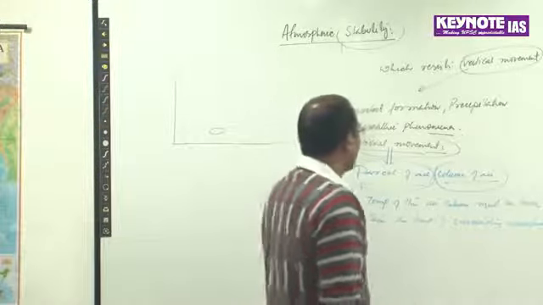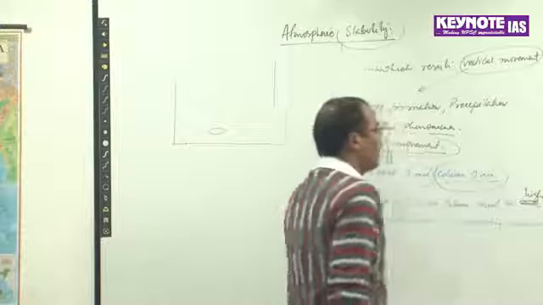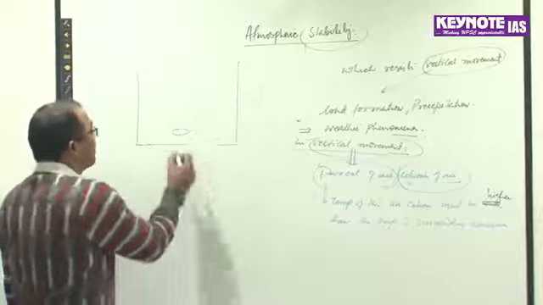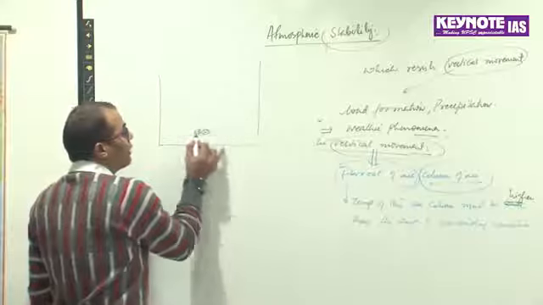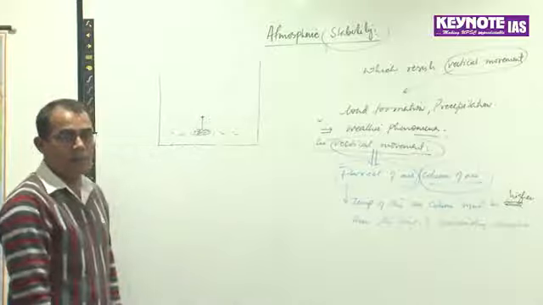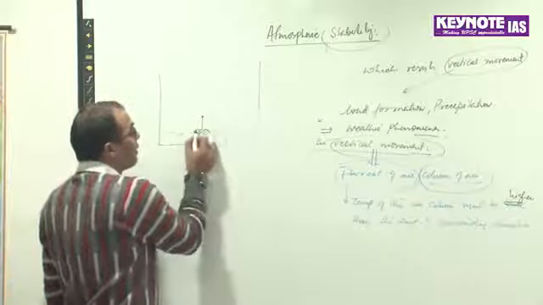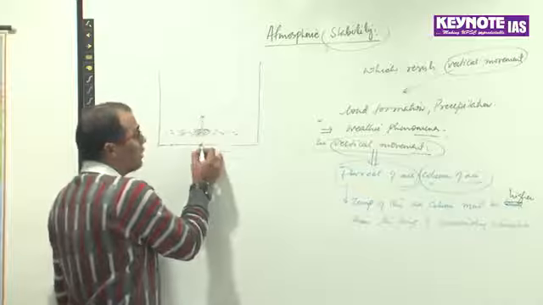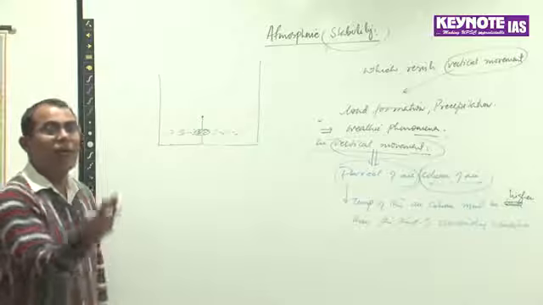The temperature of this air column must be higher than the temperature of surrounding air, so its density is lower. Thank you, Jana. So let's say this is a balloon, right? If the density of this balloon is less than this area, it will rise. If density is equal, it will remain here. If the density is more, it will sink down. Is that clear?